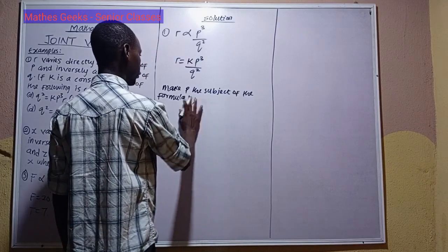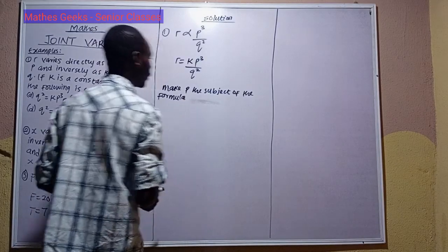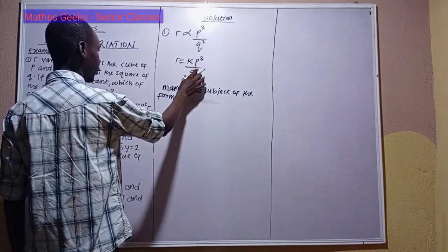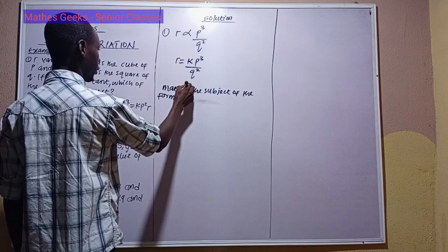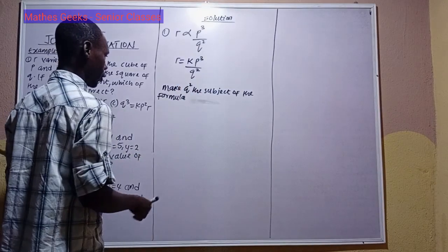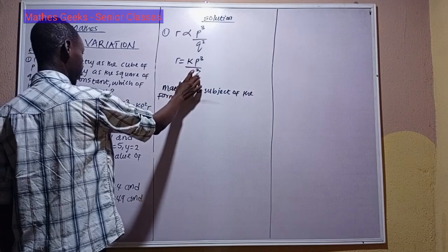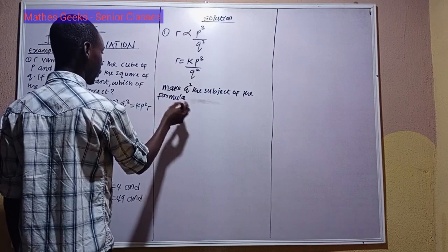So to make q the subject of the formula, you know what to do. Make q squared the subject of the formula. We need to eliminate q squared from here. Multiply both sides by q squared.